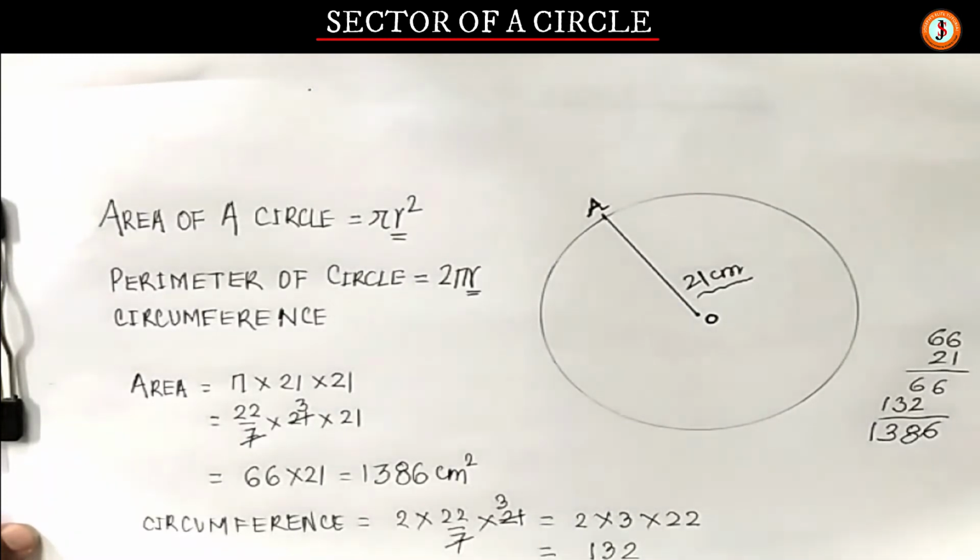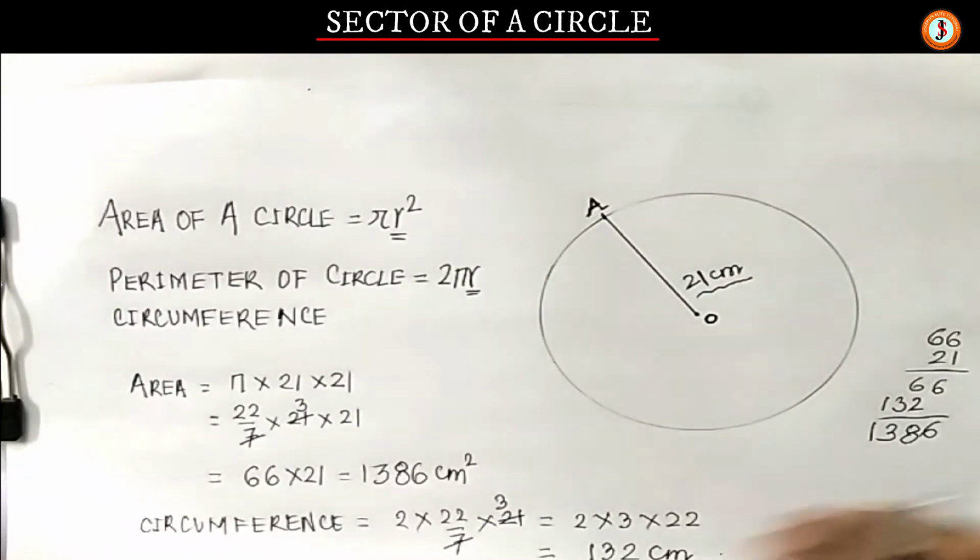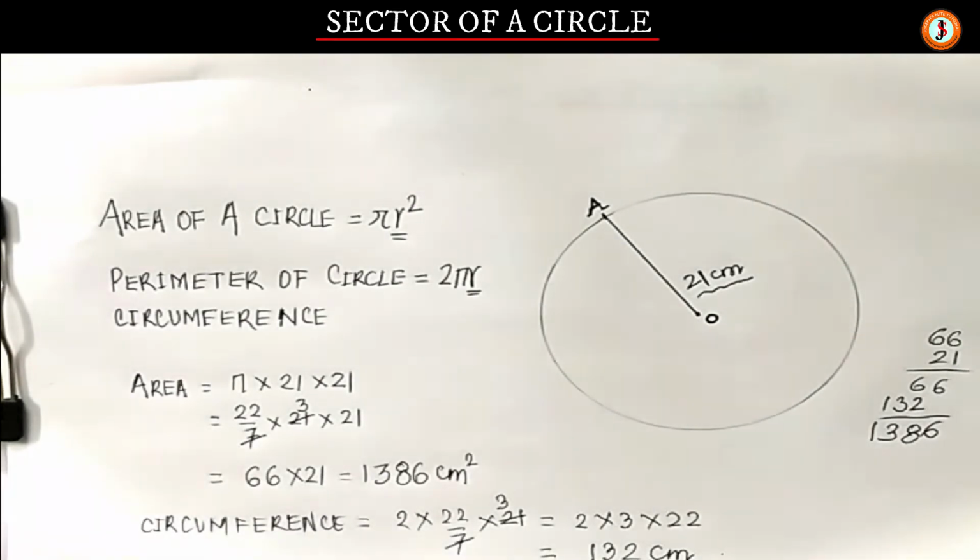How much is 2 into 3 into 22? It will be 132 centimeter. So that is the first thing we have to understand.